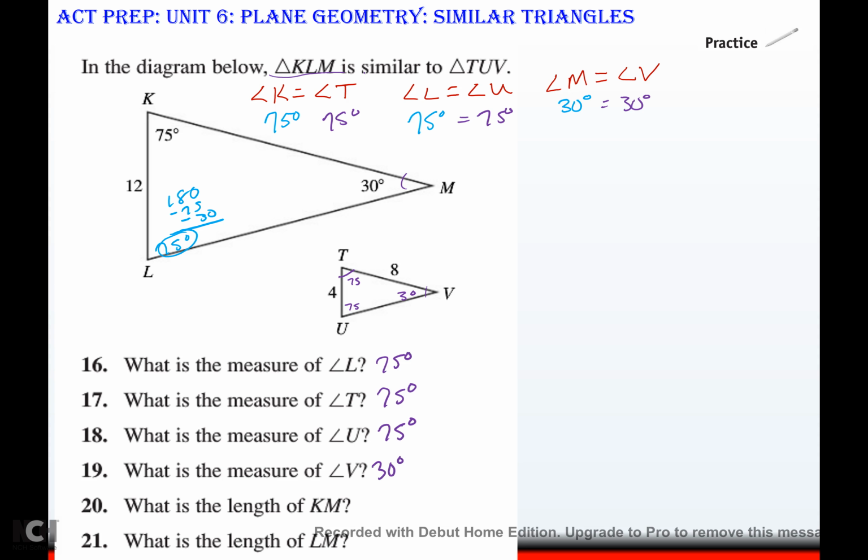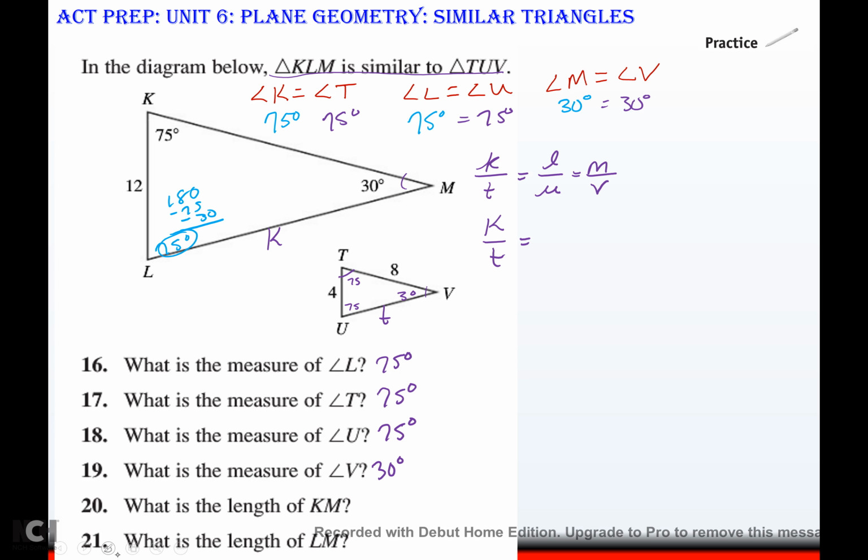So again, because of this statement, I can say little k corresponds to little t, just as little l corresponds to little u, just as little m corresponds to little v. So this is little k, which I don't know, corresponds to little t, which I don't know.